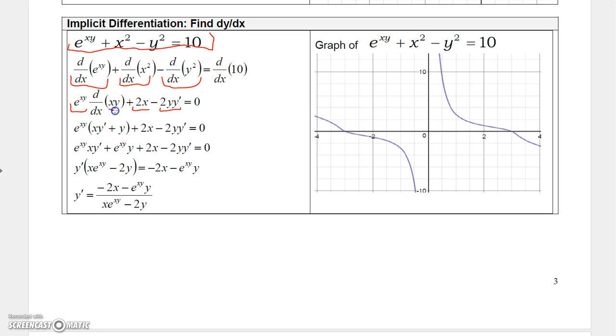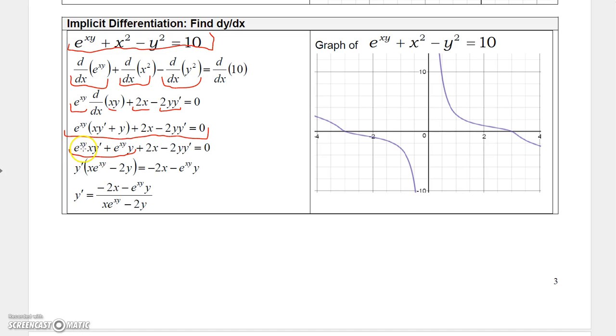Now I still have to finish this. I have to use the product rule on this. So the derivative of this is x y prime plus y times the derivative of x, which is y times 1. Okay, so now I'm at this step here. Now what you're going to have to do is multiply e to the xy through these two terms, and I get e to the xy times x y prime plus e to the xy times y.